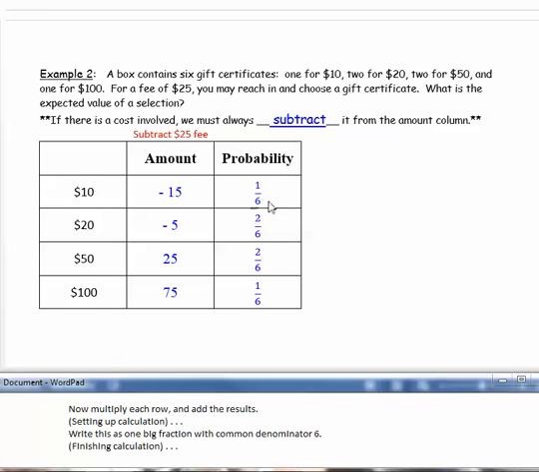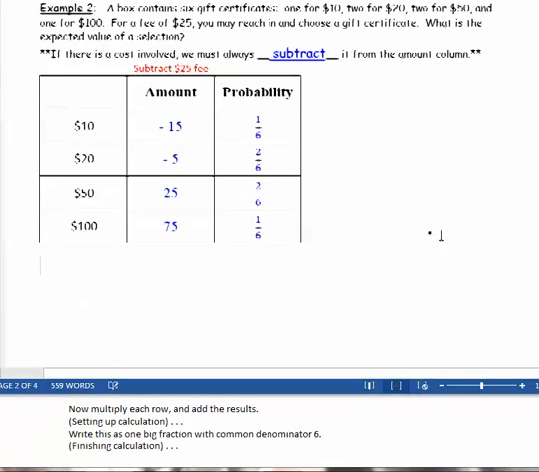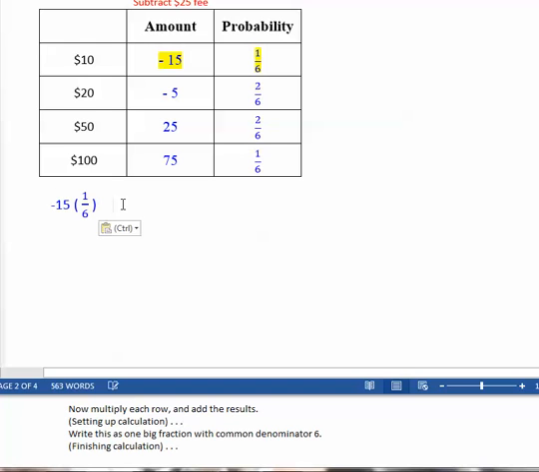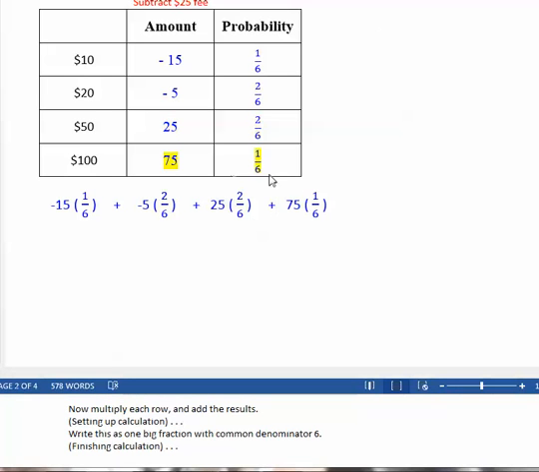Now multiply each row and add the results. Negative 15 times 1/6 plus negative 5 times 2/6 plus 25 times 2/6 plus 75 times 1/6.